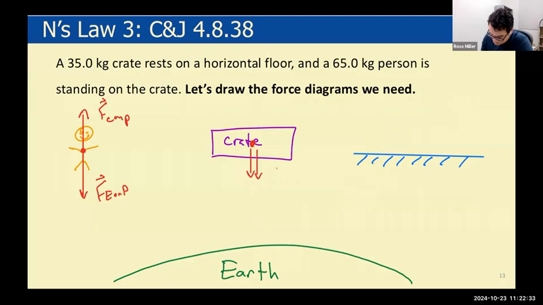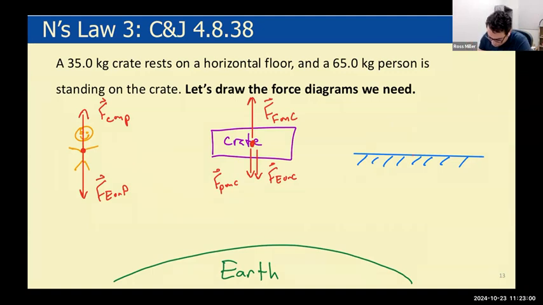There's two forces: the earth on crate, and the person on crate. And then adding up to both of those, there has to be the floor on crate. Because otherwise the crate would start sinking or start floating.